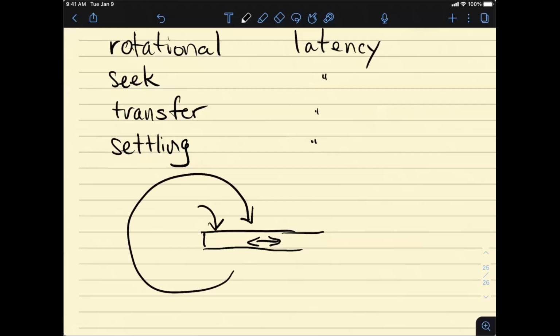If you wanted data that was over here at this very instant, you'd have to wait until the disk spins all the way around.